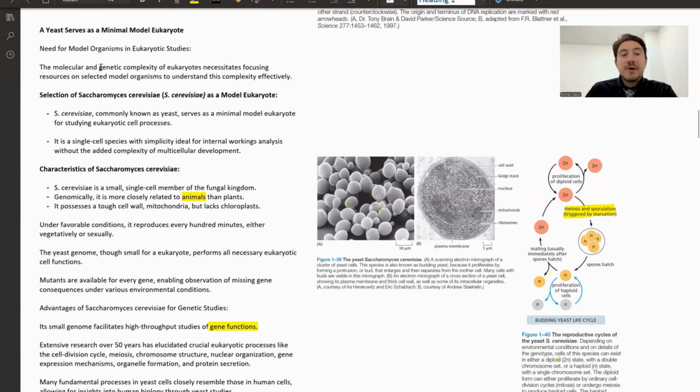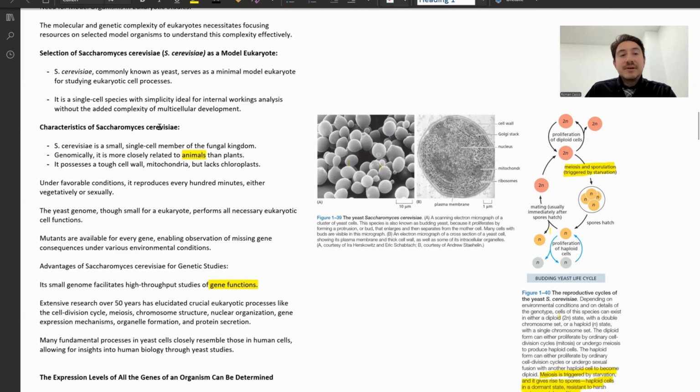So there's a need for model organisms in eukaryotic studies, right? The molecular and genetic complexity of organisms necessitates focusing resources on selected model organisms to understand that complexity, right?